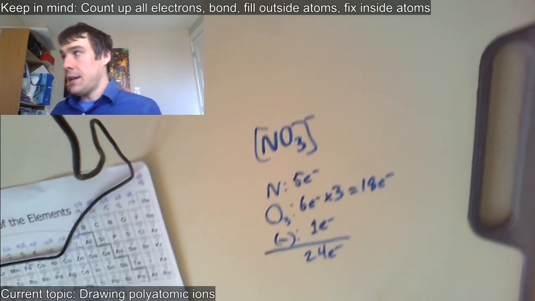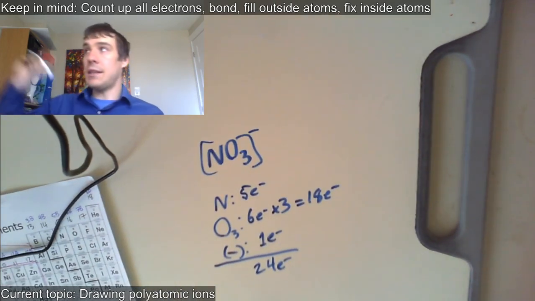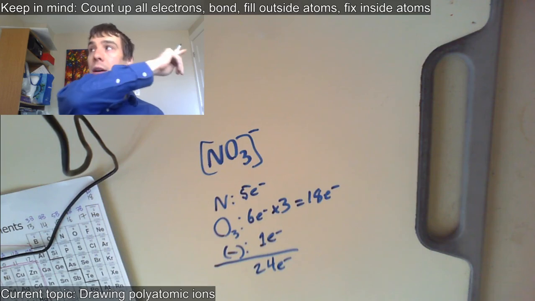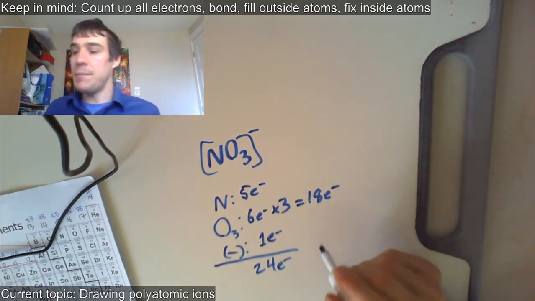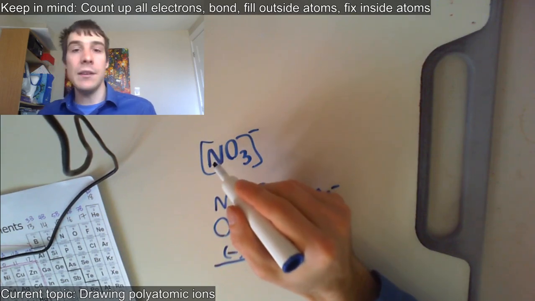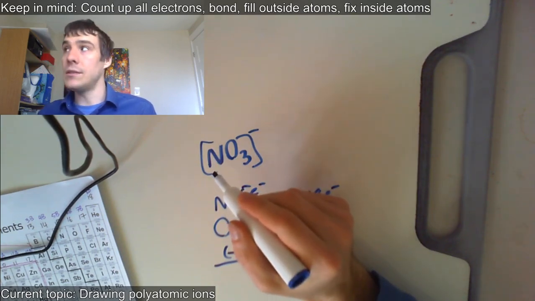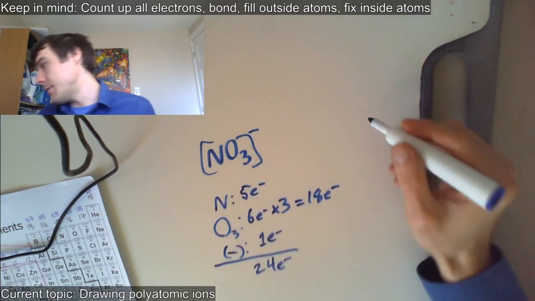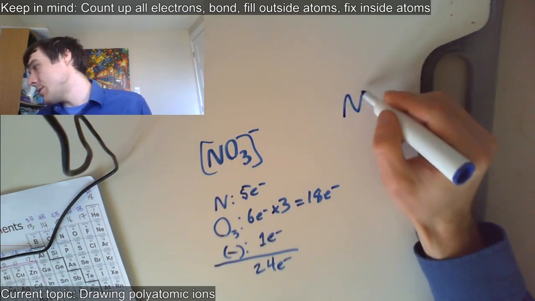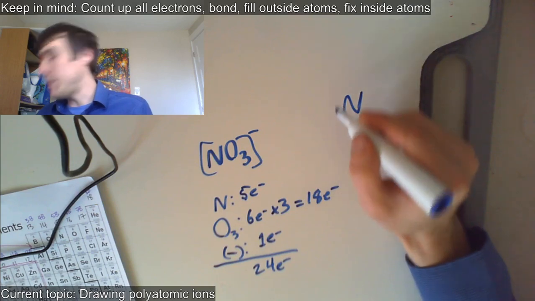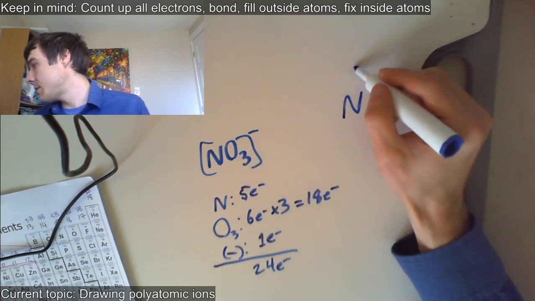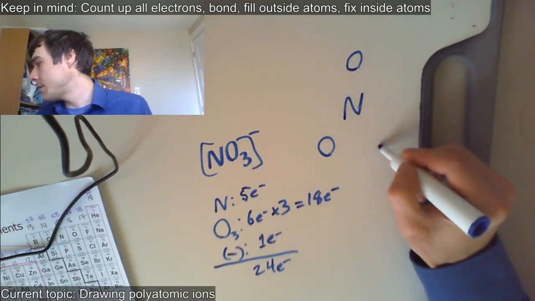So we've learned how many electrons we have. The next step is over here, bond. So we have to choose one to be in the middle, and then we bond it. Typically, the one that's at the start is the one that's central. So we'll go with that one first. So nitrogen in the middle, and then we bond around it. So we have 3 oxygens to distribute. We just put the 3 oxygens around.